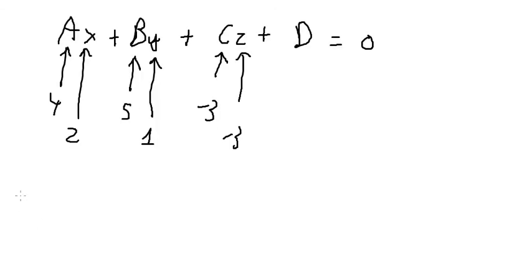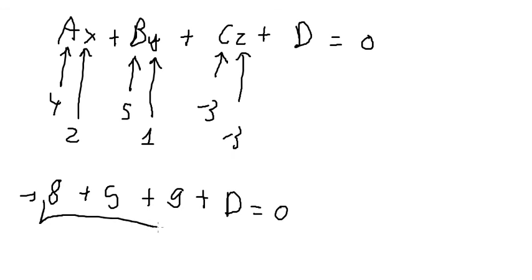So this one we will have 4 times 2 is 8, 5 times 1 is 5, negative 3 times negative 3, you get positive 9. So we sum the 3 numbers together, and this one we will have 22.